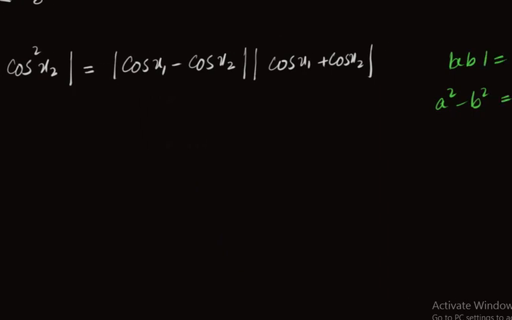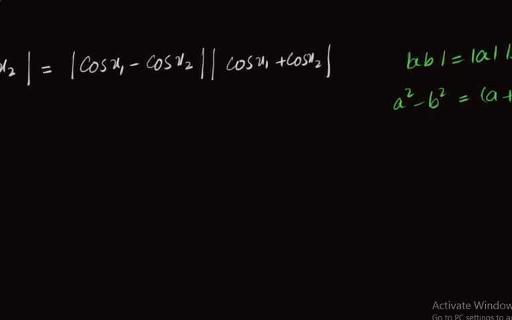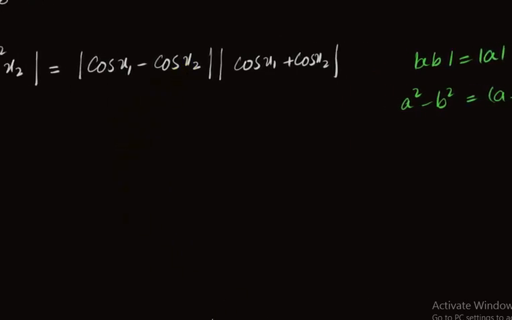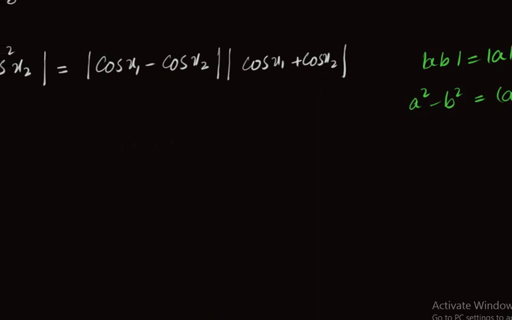Now we have two other relations: cos x1 minus cos x2 is equal to minus 2 times sin of x1 plus x2 by 2 and sin of x1 minus x2 by 2.